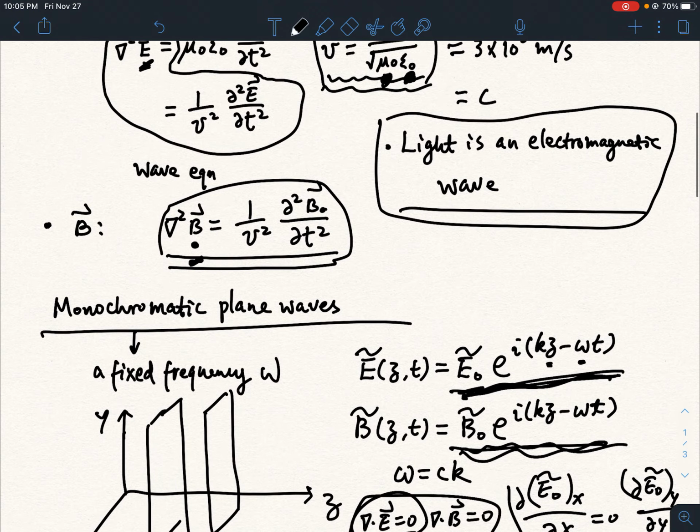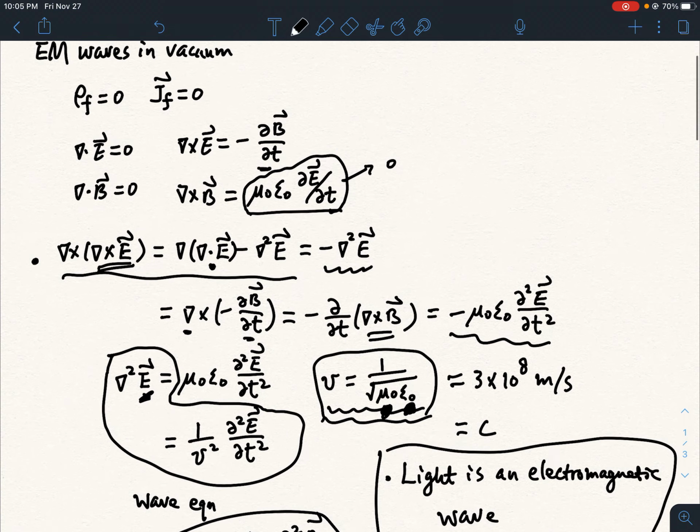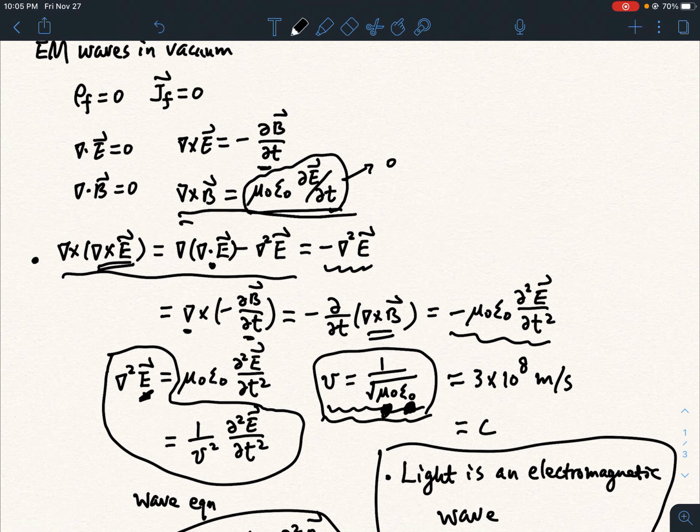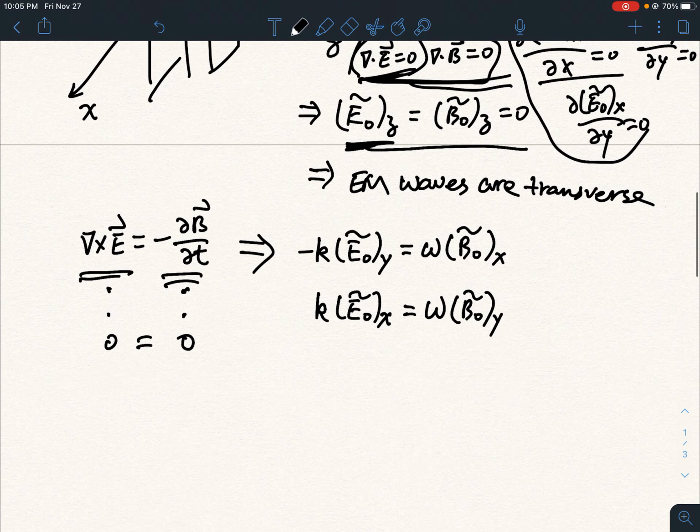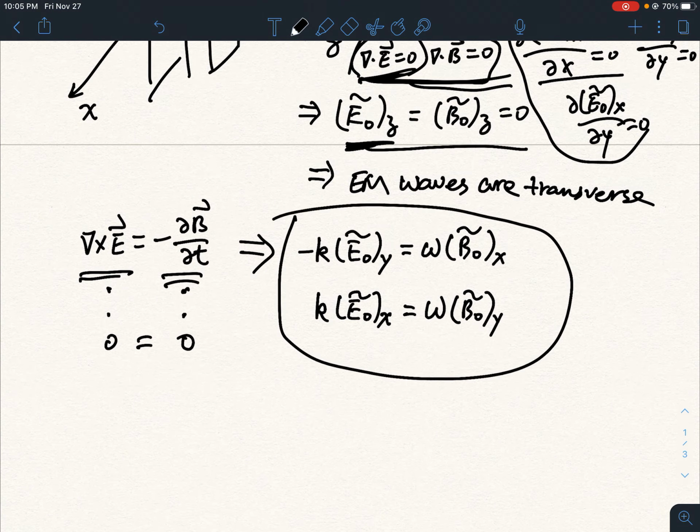Then we can also look at the last equation, which is del cross B equals mu 0 epsilon 0 times partial E over partial t. And you will find that this equation exactly reproduces this.